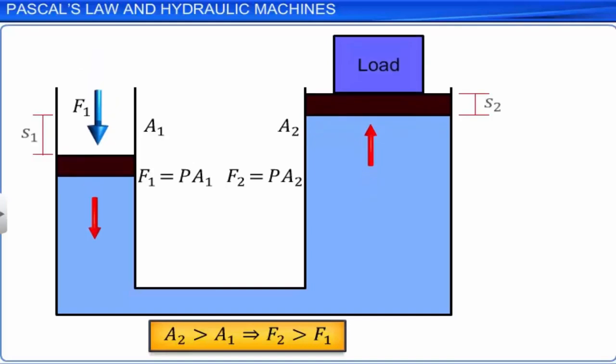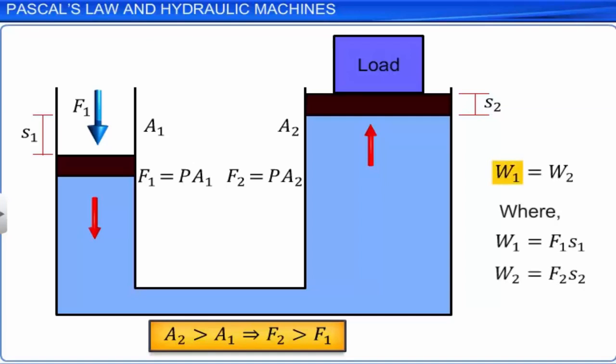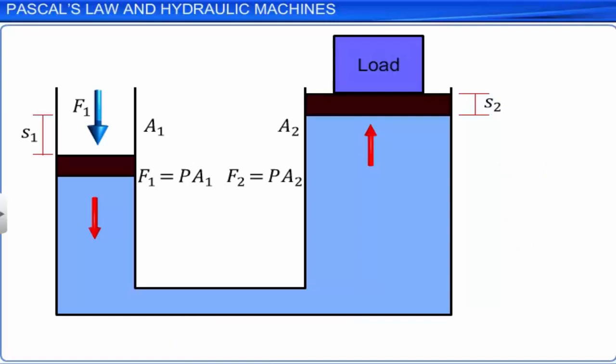Here, the force F1 applied on the smaller piston is called the effort, and F2, the force required to lift the heavy object, is called the load. By definition, the mechanical advantage of a machine is the ratio of load F2 to effort F1.